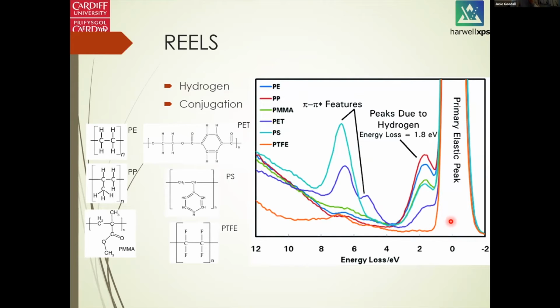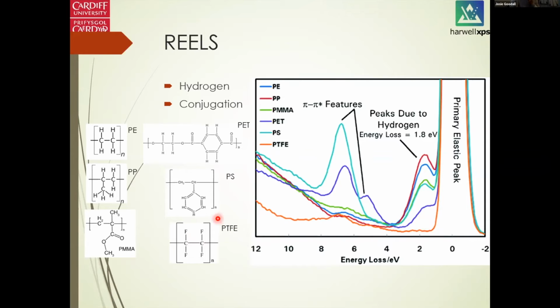For example, in this REELS spectrum, the primary elastic peak is very high, where we don't see any loss energy. Comparing to the spectra obtained from a few organic materials, you see that for PTFE, which has no hydrogen present in the molecules, we don't see this energy loss at about 1.8 eV.